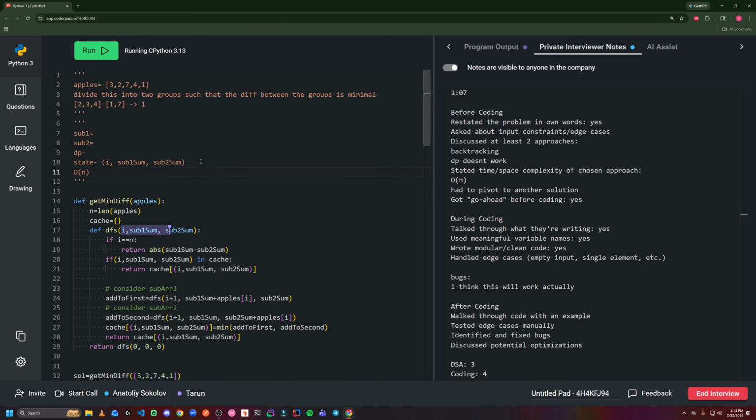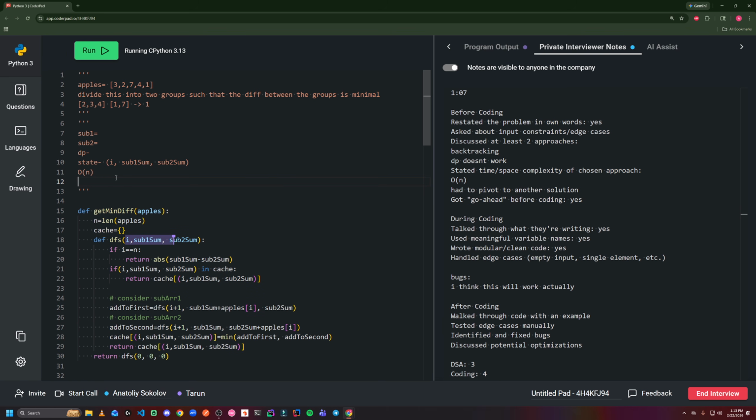For the first one, something you could have done was backtracking. The way you have it here, this wouldn't be linear. Sub 1 sum can be 2 to the n things, right? And sub 2 sum can also be 2 to the n things.